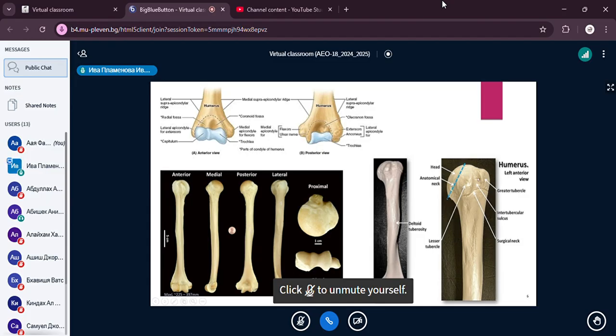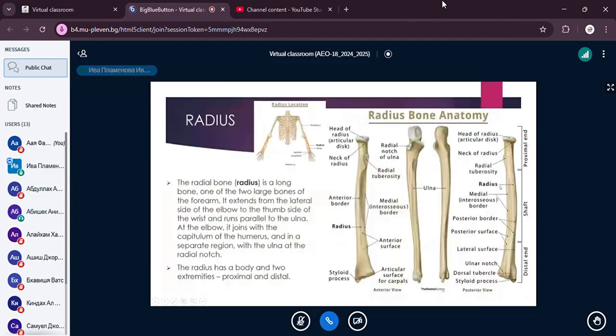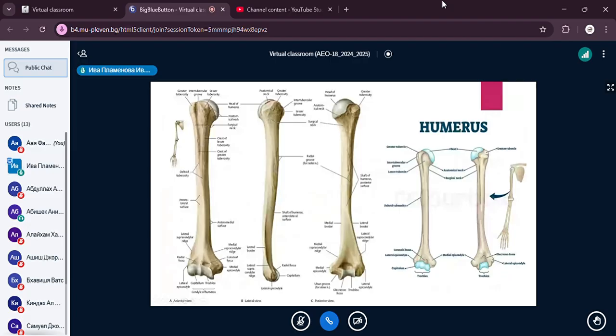So, again, head with the anatomical neck, lesser tubercle, greater tubercle, the intertubercular groove between them. Below these tubercles is the surgical neck. Again, the head of the humerus, the anatomical neck, which surrounds the head.